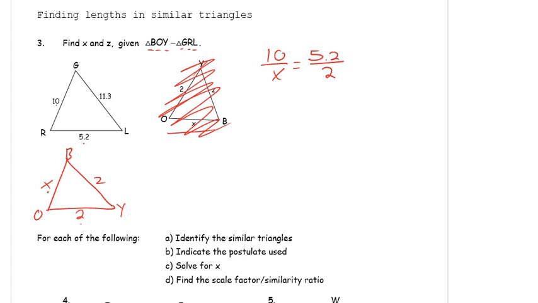So I'm going to go ahead and do, let's see, 11.3 over Z equals 5.2 over 2. Here's our constant. We know that's our scale factor to go from one to the other, 5.2 to 2. So we're going to use that both times. It's just now matching up with your other parts.